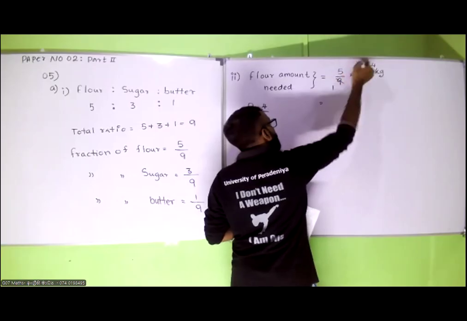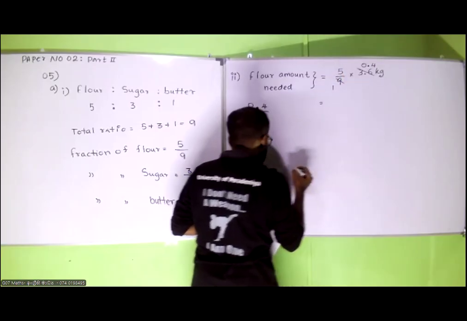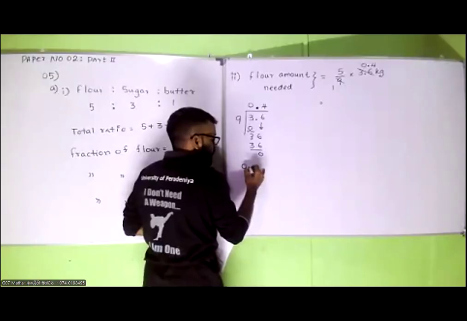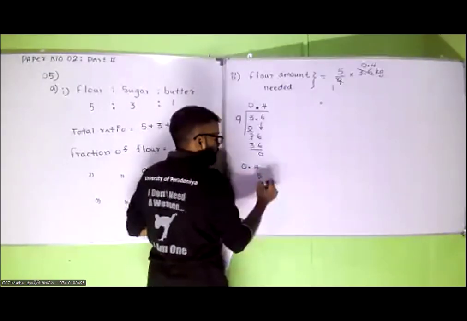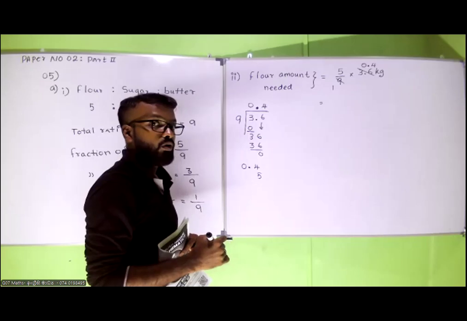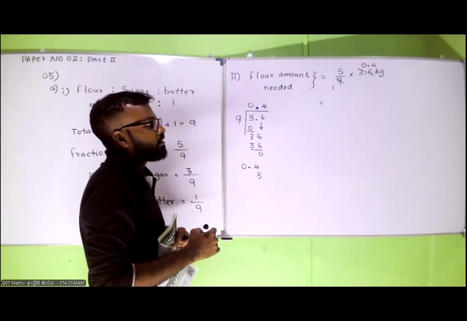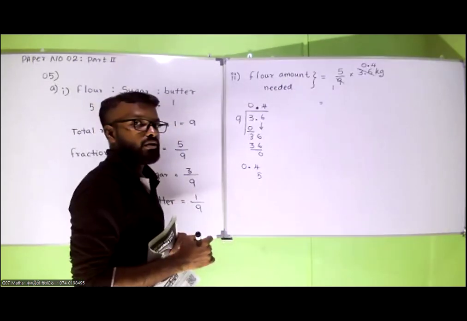So 5 into 0.4. We are going to multiply a decimal number and a whole number.